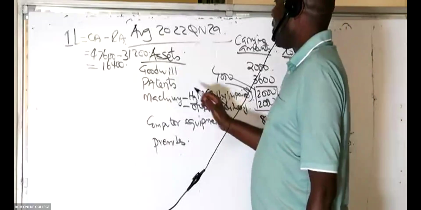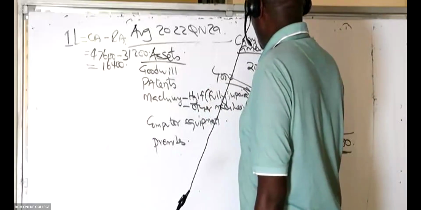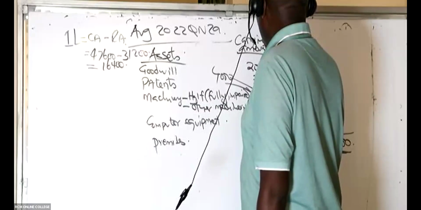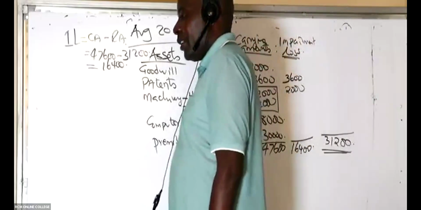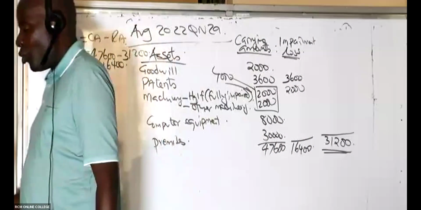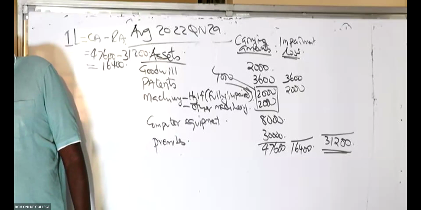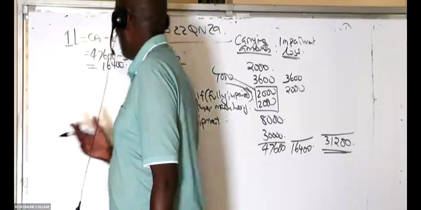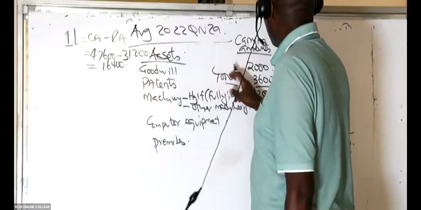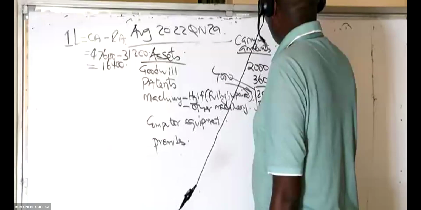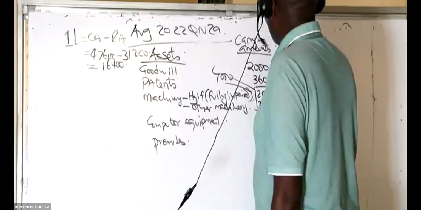The same case with patents, fully written down, 3,600. What do you think of goodwill? Goodwill will go in full. We know the impairment loss, 2,000.